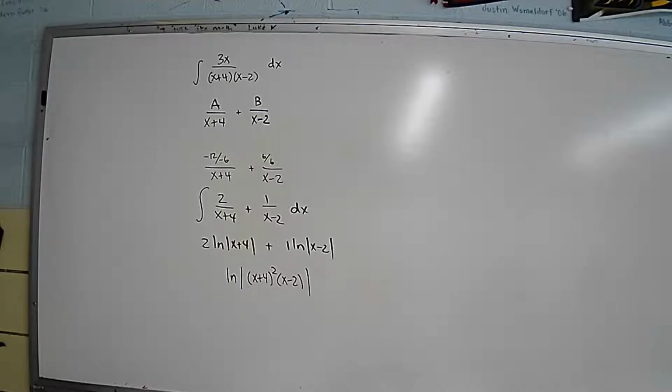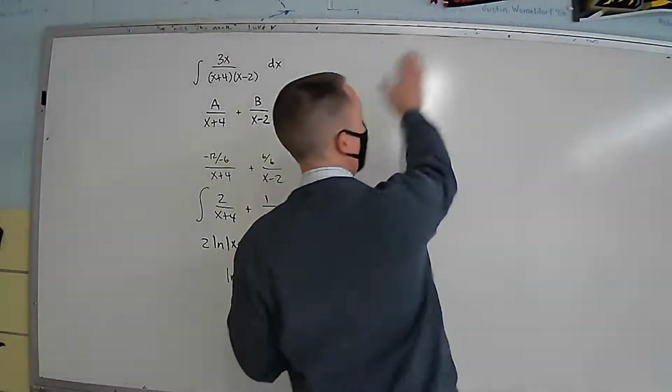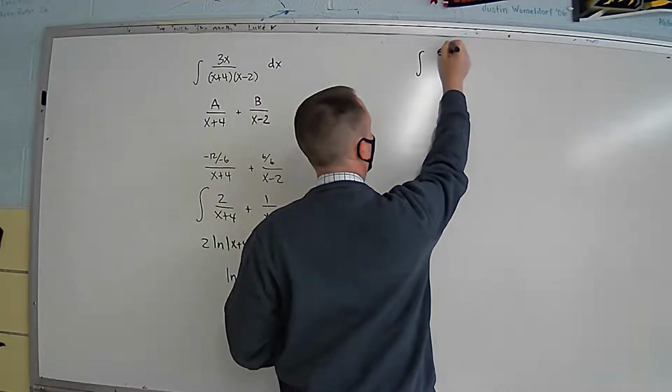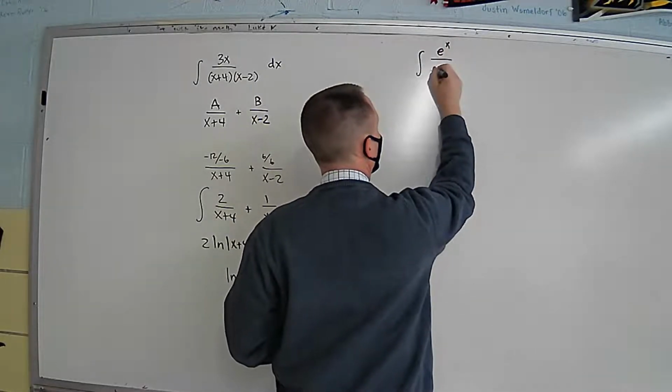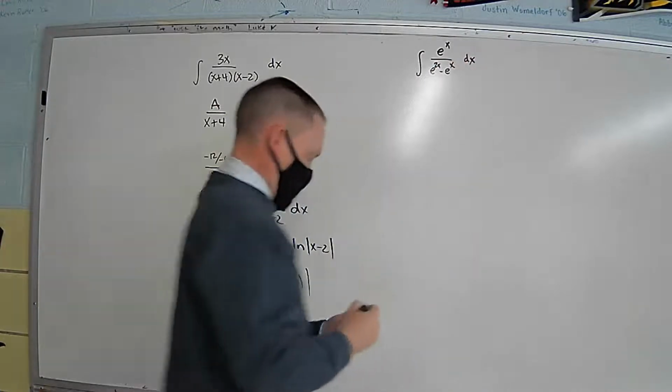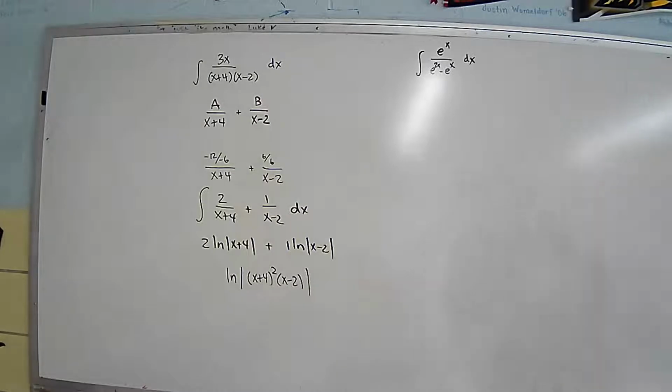What is it? Oh, so yeah, these I remember. So e to the x over, so this is a partial fraction problem, but it's in disguise. Okay? This is a partial fraction problem, but it's in disguise.